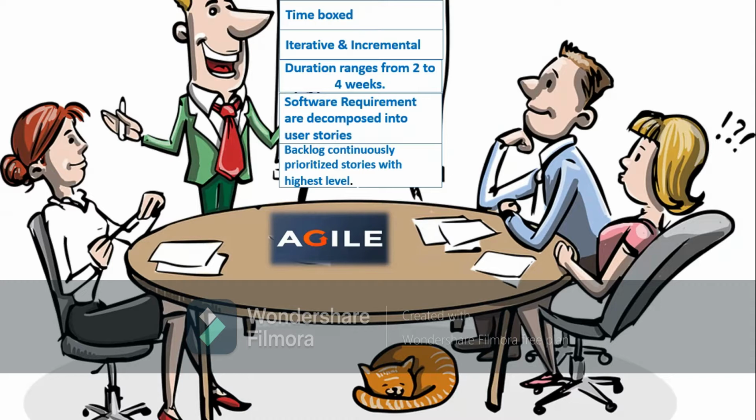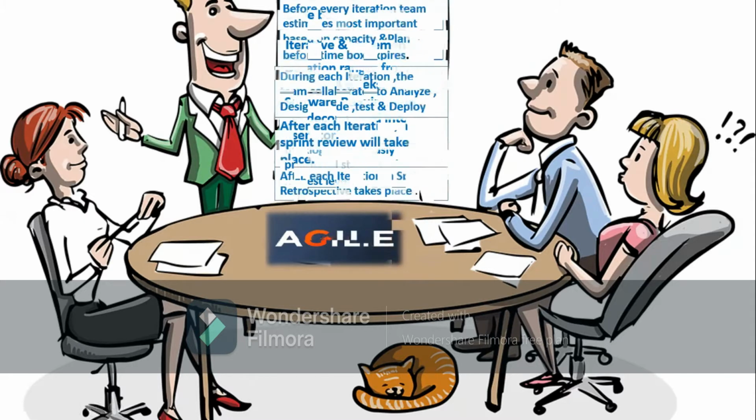So based on them, I'm going to select the ones that will get me a quick return on investment, a great NPV, net present value, in a small payback period. And then he fills them into a product backlog and prioritizes them, setting the ones with the highest level and the ones with the lowest level.